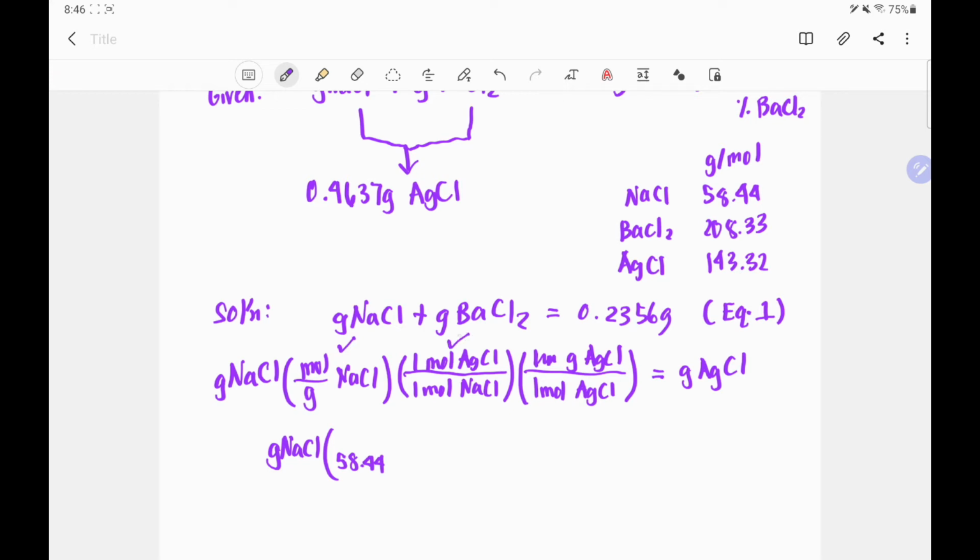Multiplied by 1. Multiplied by the grams of silver chloride, which is 143.32. It should make sense that this expression is equivalent to the grams of silver chloride formed from sodium chloride.